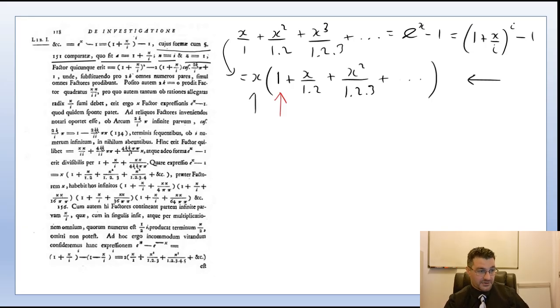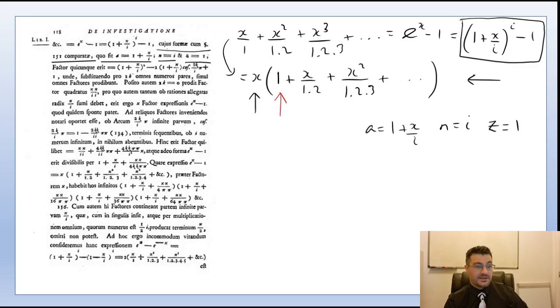This x here also tells us how we're going to have to rescale one of the factors. So we compare this with that form from section 151, with, as we see, a equal to 1 plus x over i, n equal to i, and z equal to 1.